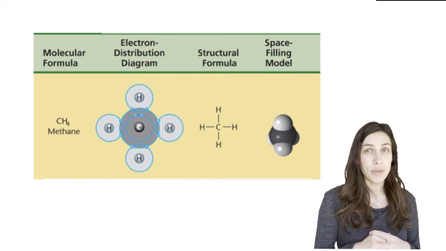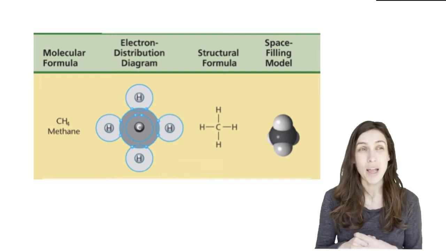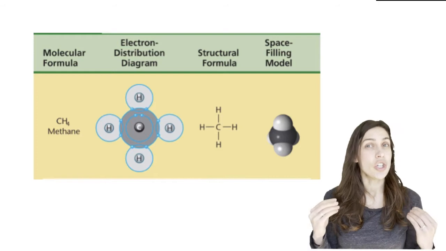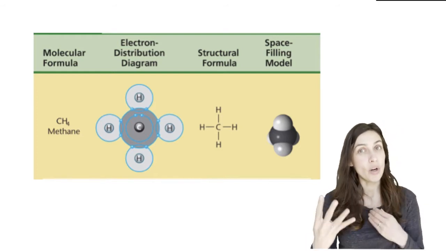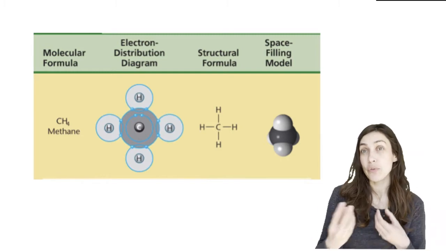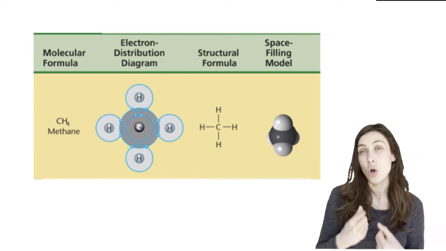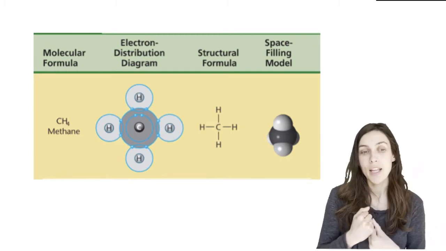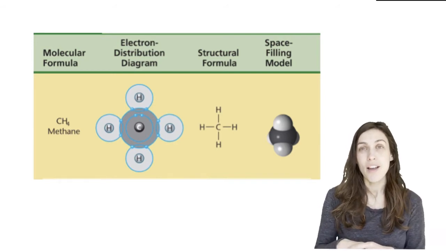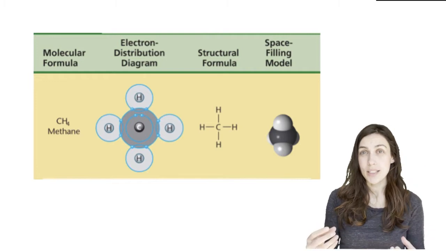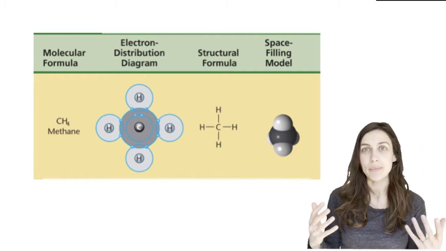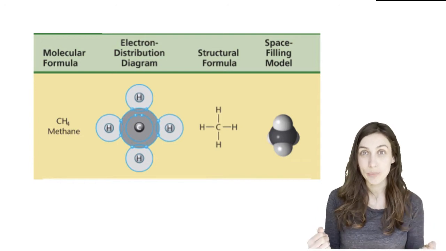And the way that carbon does this, practically all the time, is to share its 4 electrons and therefore receive 4 electrons from different atoms that are also sharing. So carbon participates in 4 covalent bonds in order to satisfy its valence shell and become really stable.